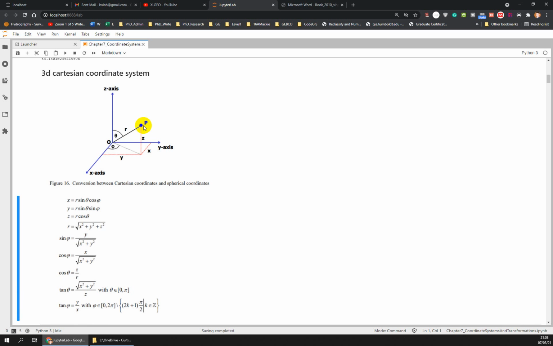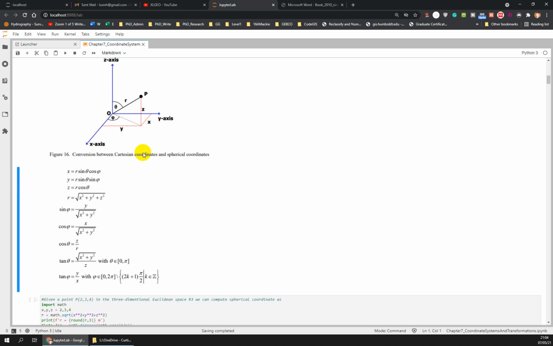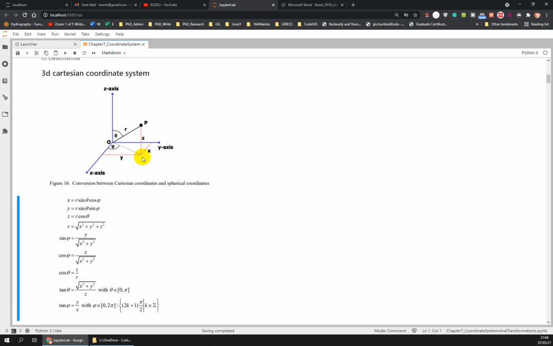So what if we have the coordinates of P and we want to calculate r, theta, and phi? It is a similar approach.